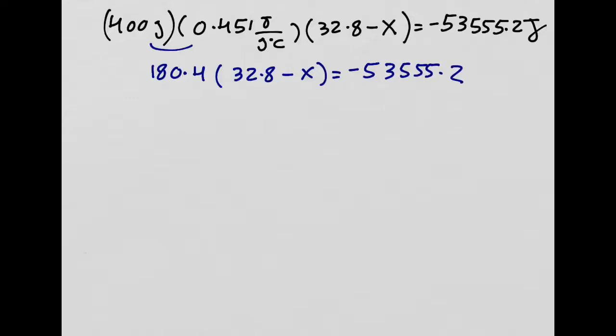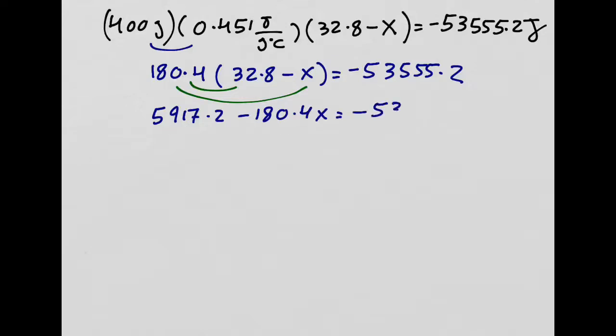Now what I have to do is multiply this out. So what I get is 5917.2 minus 180.4x. I know you know the math, but I just want to make sure we're on the same page. Now I'm going to move this to the other side, so all the variables are on one side and all the values are on the other side.